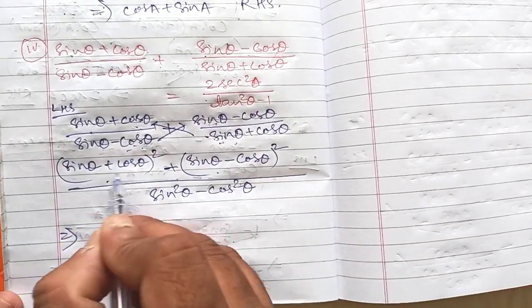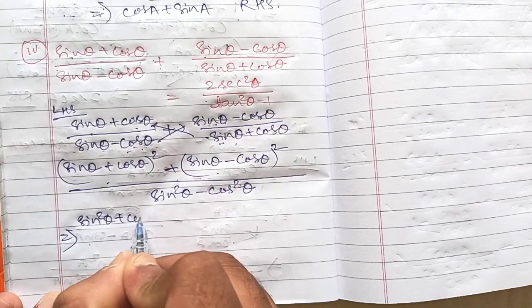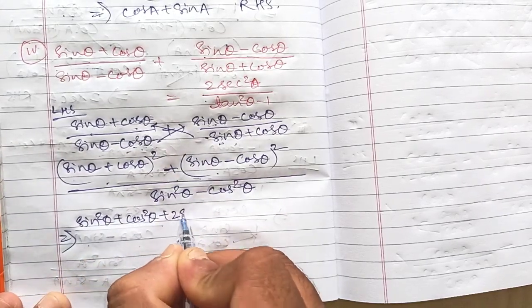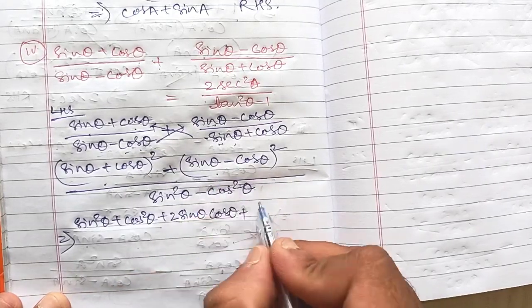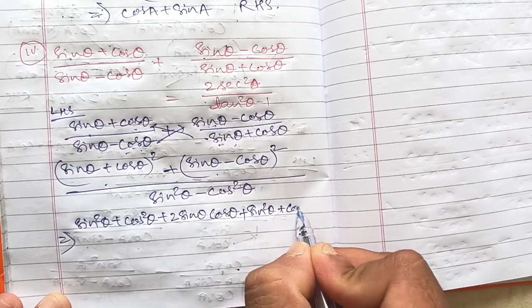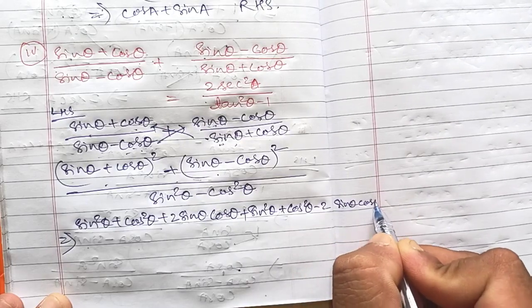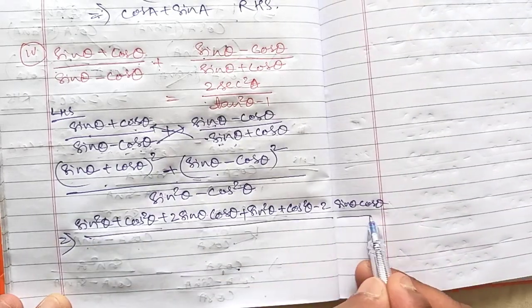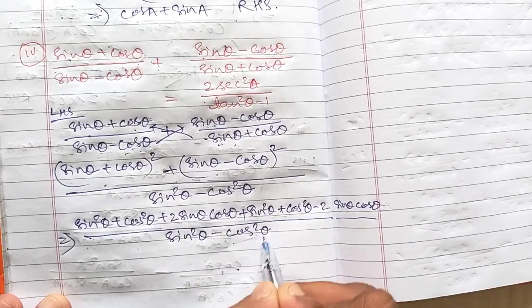Okay, now use the formula (a + b) whole square: a square plus b square plus 2ab, plus a square plus b square minus 2ab, whole divided by sin square theta minus cos square theta as it is.